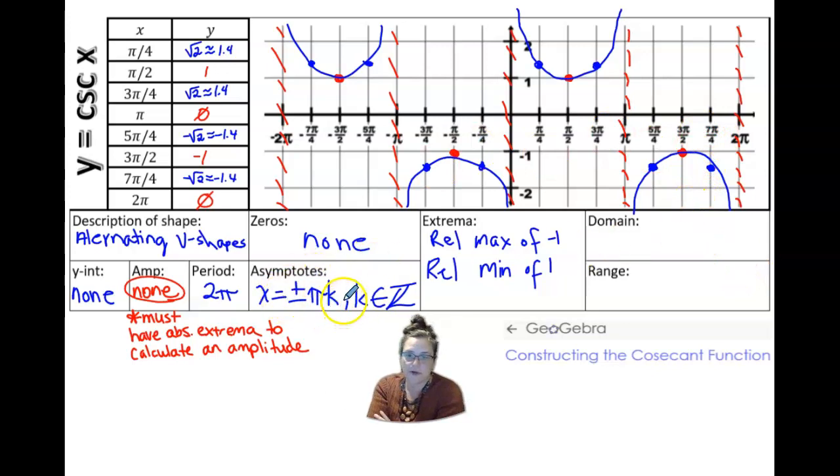The asymptotes are going to be restrictions on the domain. The domain is not fully unbounded the way sine and cosine's domains are because of these asymptotes here chopping up the graph. So our domain is all real numbers except x's that are not allowed to be equal to positive or negative pi times k, again where k is an element of the integers.